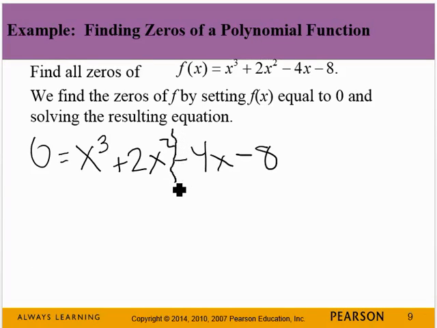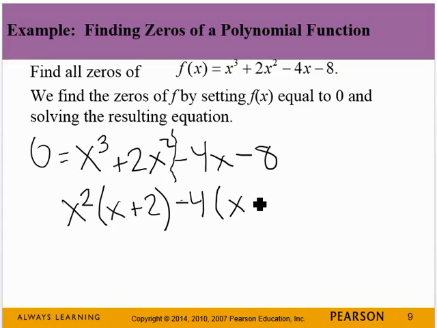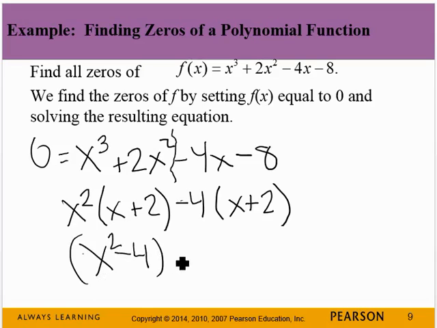We're going to do this by grouping. In my first part, I can take out x squared, and I have x plus 2 left. And at the end, I can take out a negative 4, which gives me x plus 2. This means I have x squared minus 4 times x plus 2.